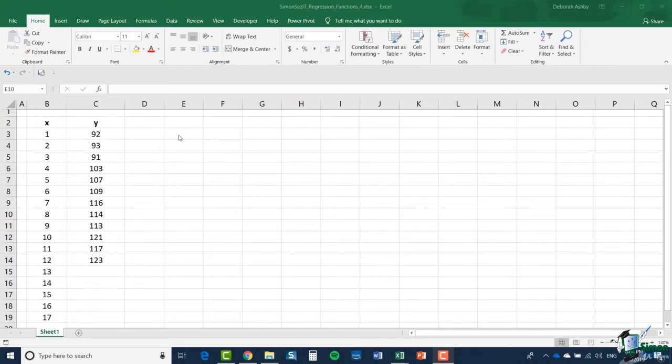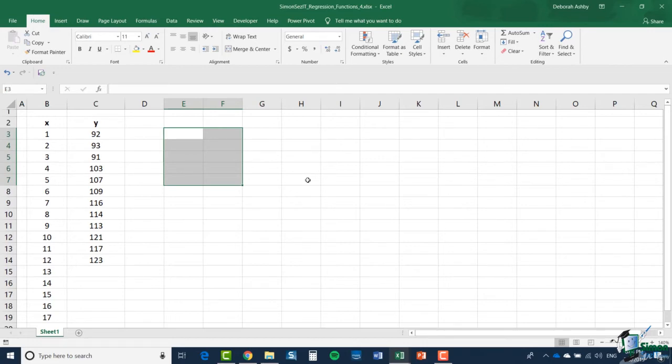The number of rows I need, well, I would need 1 row for the slope value, and then if I want all of the additional underlying statistics, I need 4 rows for those. I'm going to look at those statistics, so I'll need a total of 5 rows, 1 for the slope and 4 for the statistics. So I'll need to select an area that has 2 columns and 5 rows. So I'm going to select E3 to F7.